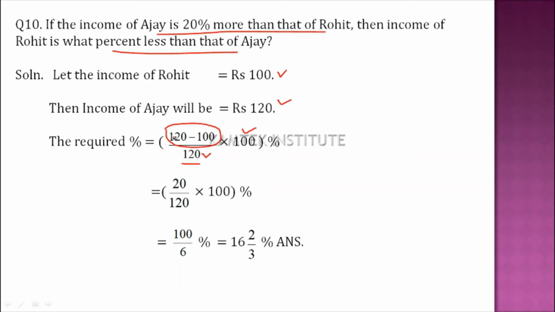Okay, when we subtract 120 minus 100, we get 20 upon 120 multiplied by 100, and we further cancel 0 by 0, 2 1s are 2, 2 6s are 12, and when we further reduce it, it comes to 16 2 by 3%. That is the answer we are looking for. Hope it is clear, you all have understood.